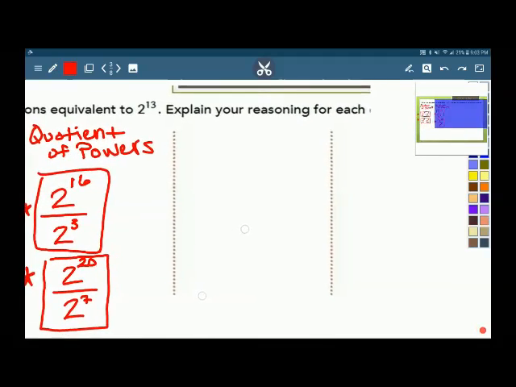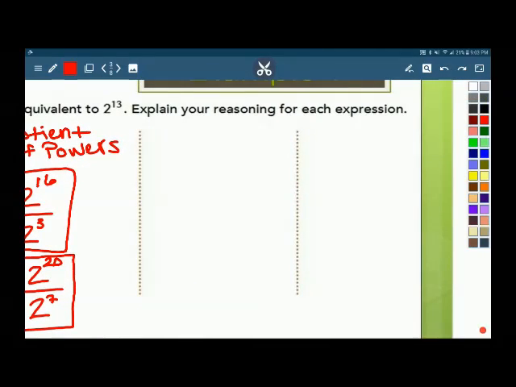Okay, now we don't just have to use the product of powers or the quotient of powers. We could use the negative exponent property, which says that in order to make an exponent the opposite sign, you just need to take the reciprocal.